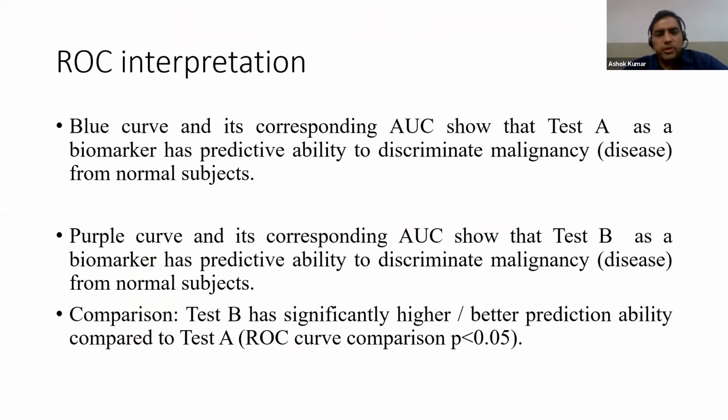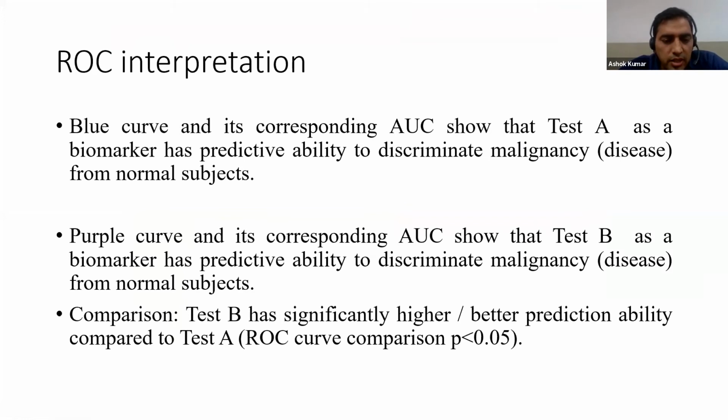So, ROC interpretation. The blue curve and its corresponding AUC show that test A, as a biomarker, has predictive ability to discriminate malignancy from normal subjects. This is the interpretation. And the purple curve and its corresponding AUC show that test B, as a biomarker, has predictive ability to discriminate malignancy or disease from normal subjects.